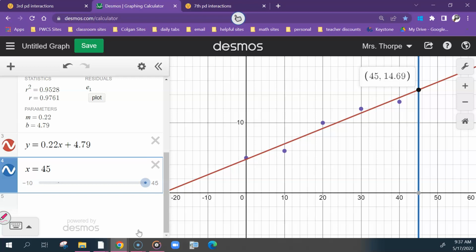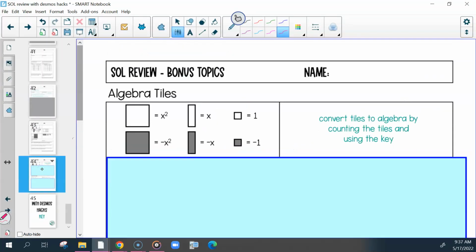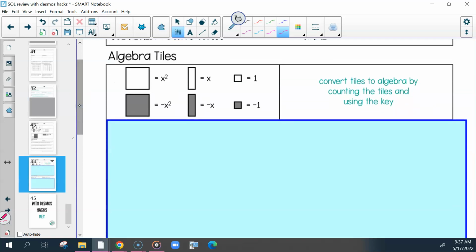On the very last page. Yes, you can. With the tiles, you're going to convert the tiles to algebra by counting the tiles and using the key.